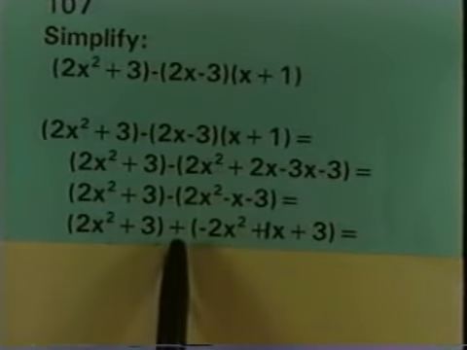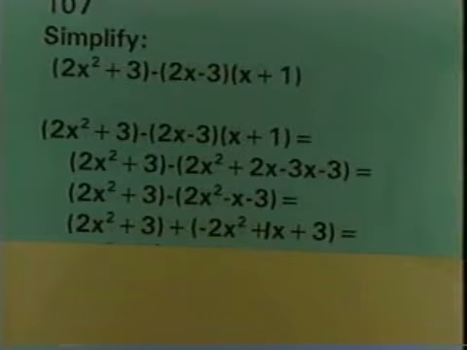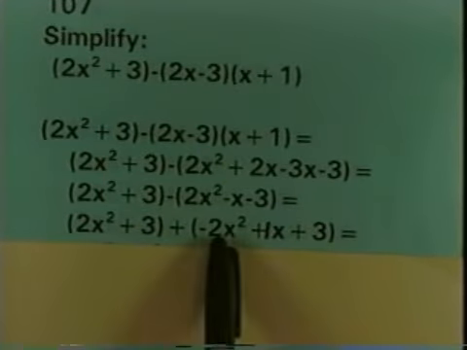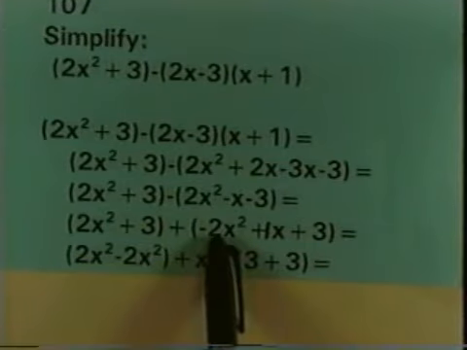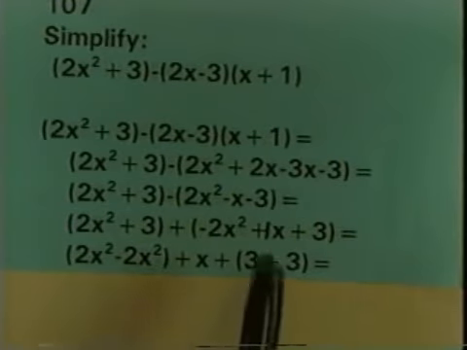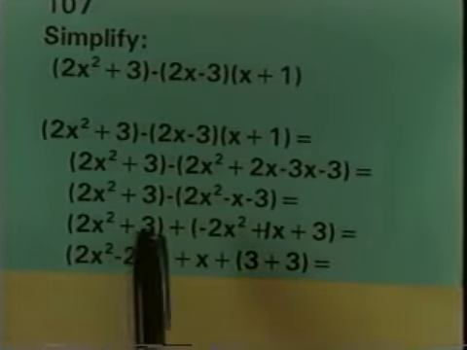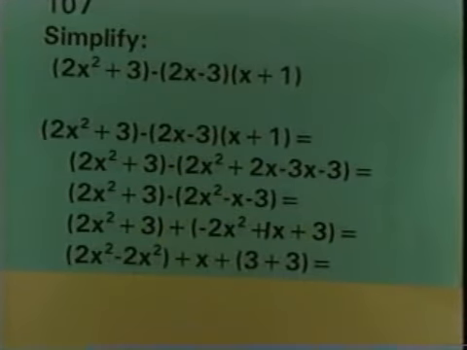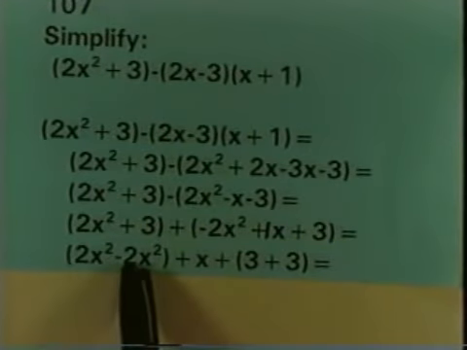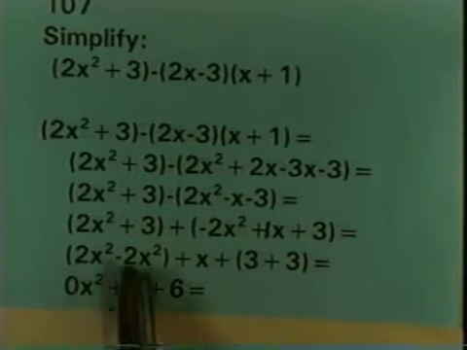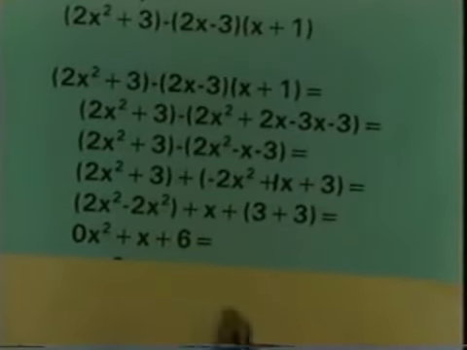Now that we have addition, I can simply combine like terms. So I group the 2x squared and the negative 2x squared together. I only have one x term, so I just leave it, and I group the 3 and the 3 together. 2x squared plus a negative 2x squared is 0x squared. 2 minus 2 is 0.